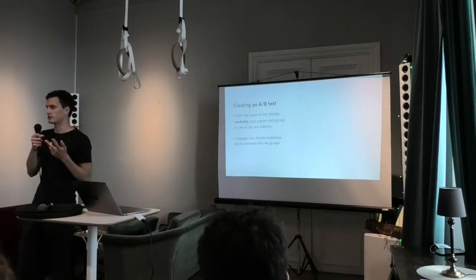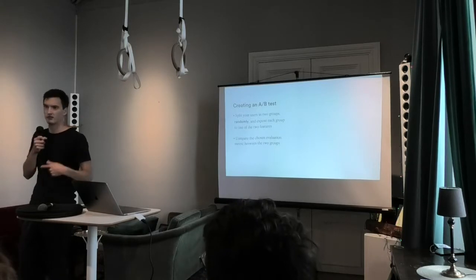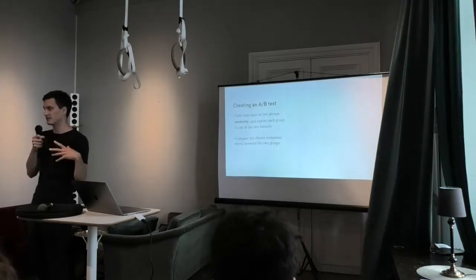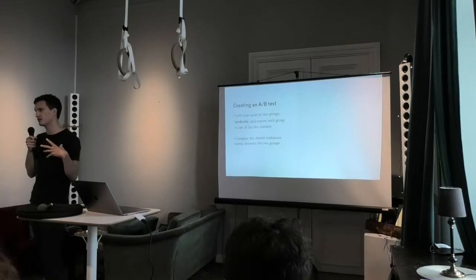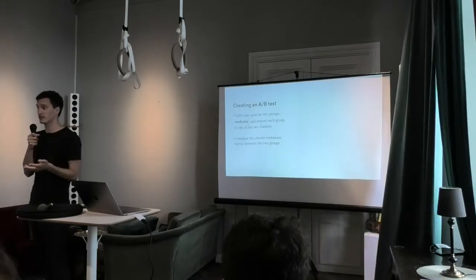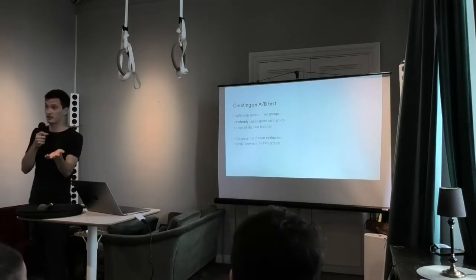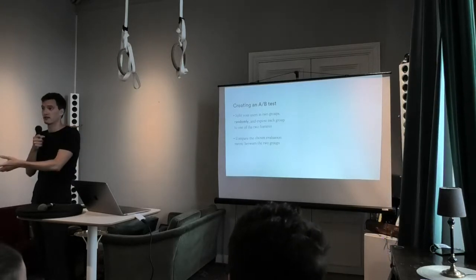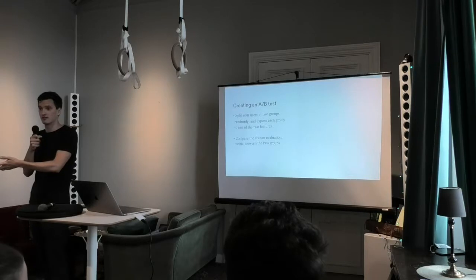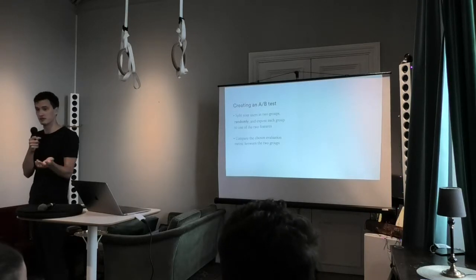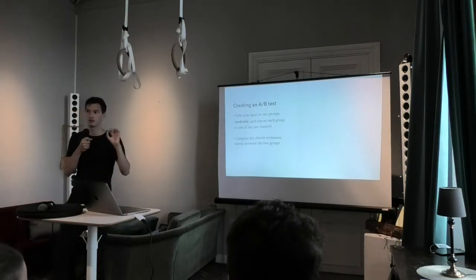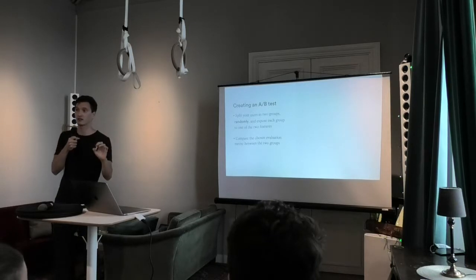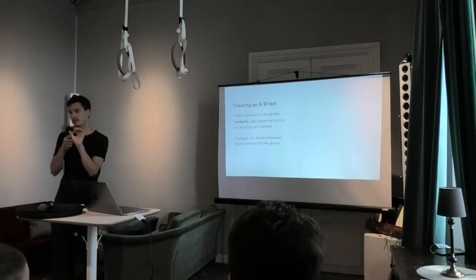If you would split by, say, market or by gender or age, then you will have a bias in your experiment, and you will end up getting a result that feature A performed in one way and feature B performed in another way, but you don't know if that's because of the feature or if that's because of differences in these two groups. So that's why it's really important to do the group selection randomly, because then you know that the only difference between the groups is the feature itself.